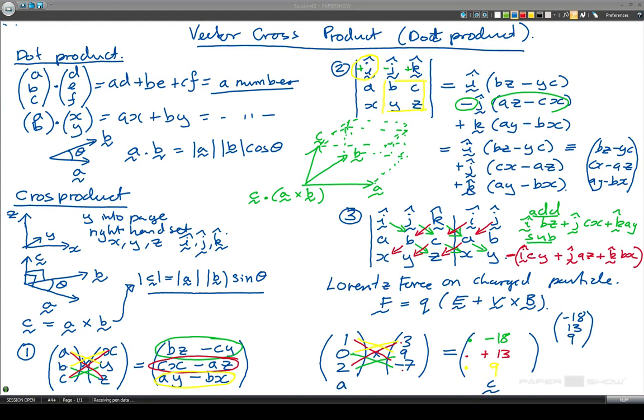So let's say this is C, which is A cross B. And if we take this vector C and do the dot product with A, then according to what we were thinking about before, with this diagram here, it should be that C is perpendicular to A and B, and so when we do the dot product with 1, 0, 2, then indeed that equals 0.